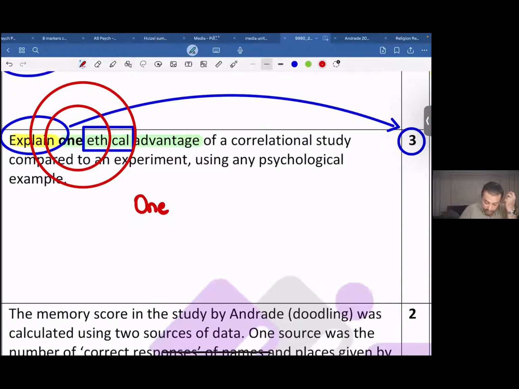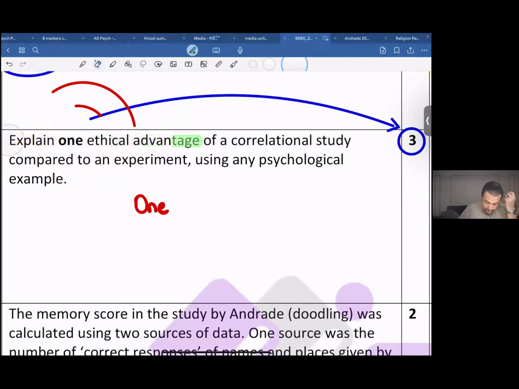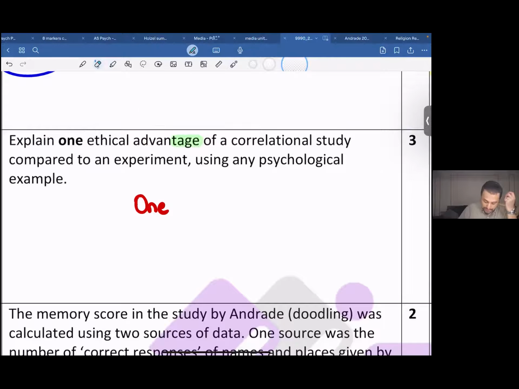They've written one, and if I remove the mess from here, you'd see this one is written in bold. If they're asking you to explain one ethical advantage, stick to one. Take your time, because if this is a 3 mark question, you have about 5 minutes to attempt it. Once you have sketched the answer in your mind, it shouldn't take more than a minute to write it. So use your time wisely.